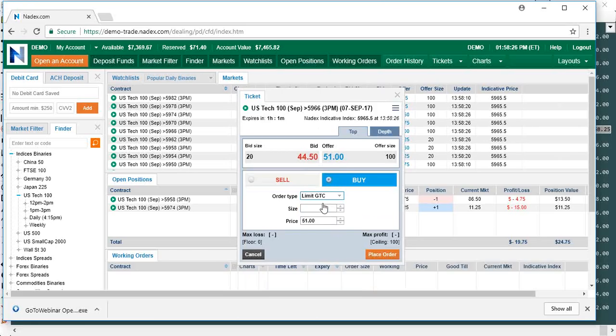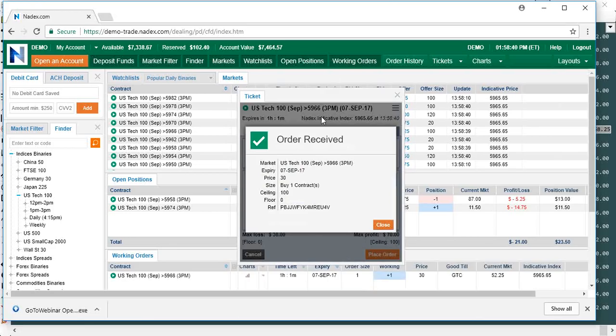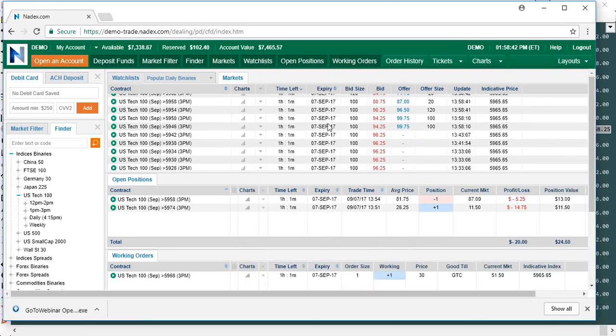I don't want to buy it until it goes down to 30 bucks. So I enter 30 and I say place order. Did that order execute? Is it open in my open positions right here?